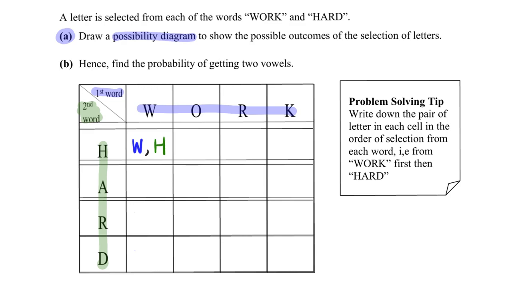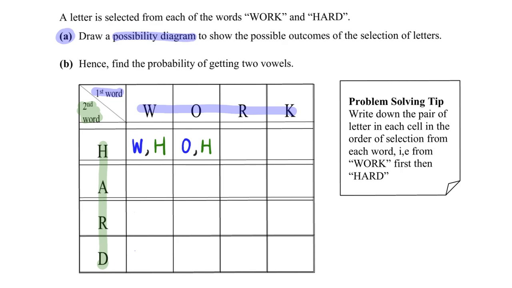So the next grid would then be, I'm going to choose the letter O from the word "work", and I'm going to choose H from the word "hard". So you can see that this is how it works.